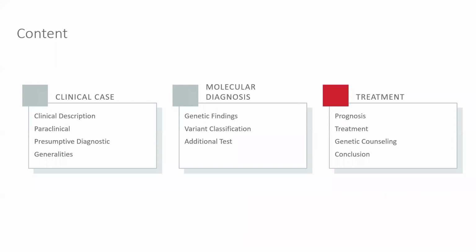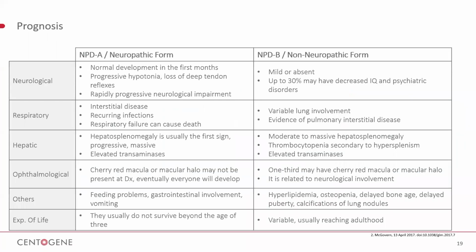And now just to review some more information about treatment and Niemann-Pick. Specifically, again, just to review some of the differences between types A and B. Type A is definitely more severe in comparison to type B. Type A, as mentioned, there's going to be normal development within the first few months, but then development does not exceed a 12-month-old level, followed by neurologic deterioration.